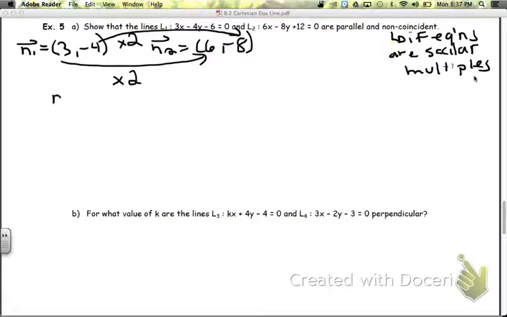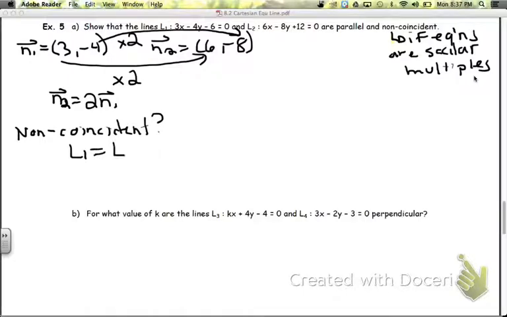So therefore, I know that my normal 2 is equal to 2 times our normal 1. However, are they non-coincident? That means, is line 1 equal to line 2? So we need to look at our C values.